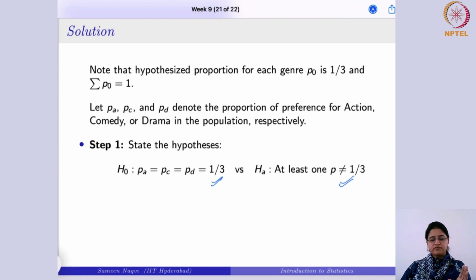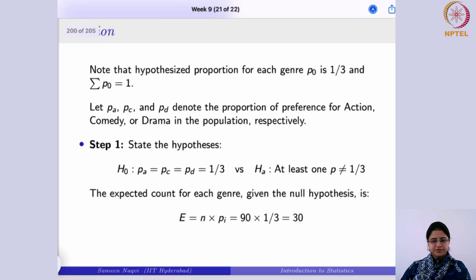Okay, obviously each of them has an equal chance of occurrence, so 1 by 3, you add it up, you will get a 1. The expected count for each genre will be what? It will be n times pi. So n is 90 and pi for each of them under the null hypothesis is 1 by 3, because for each category you would expect to have 1/3 of the total sample.